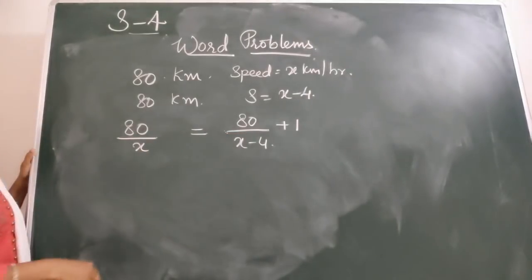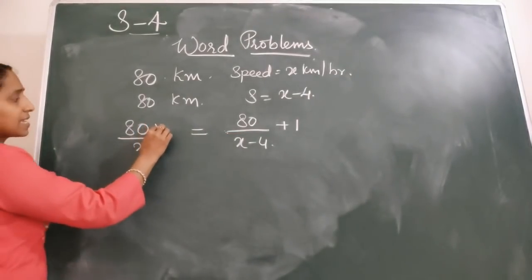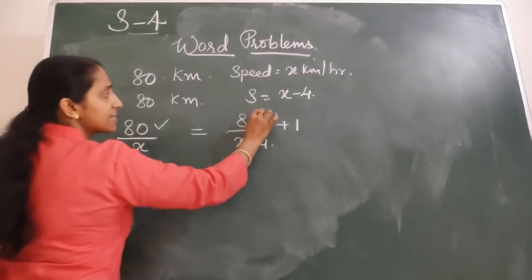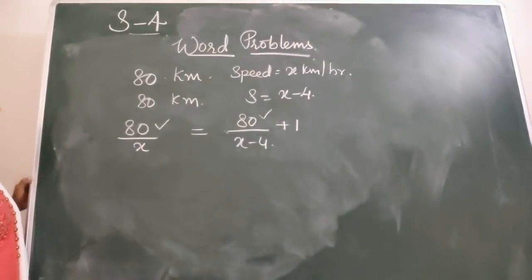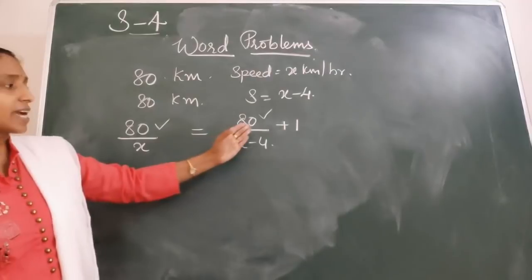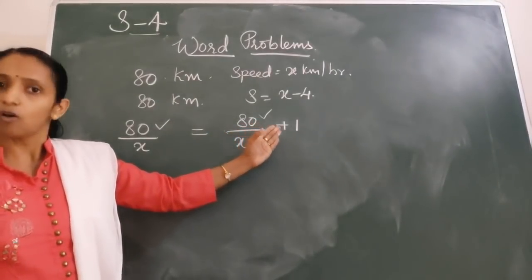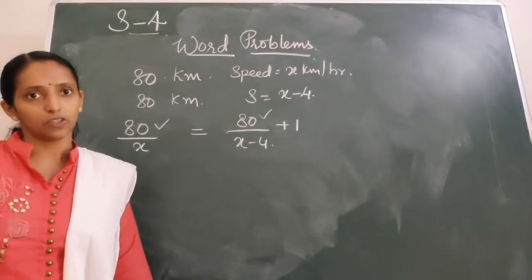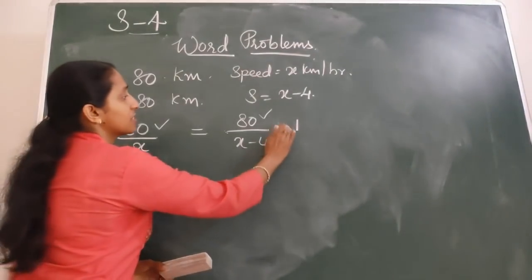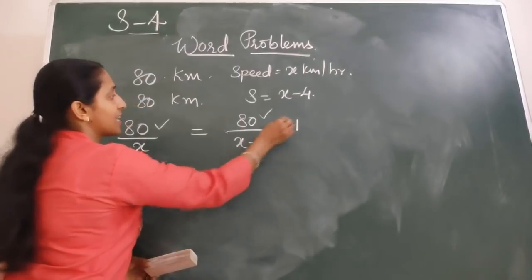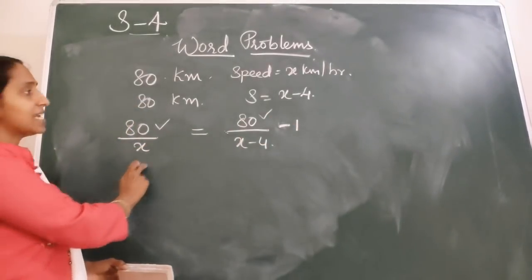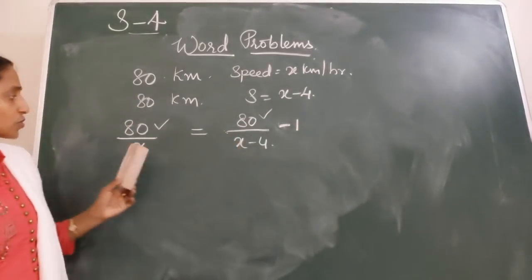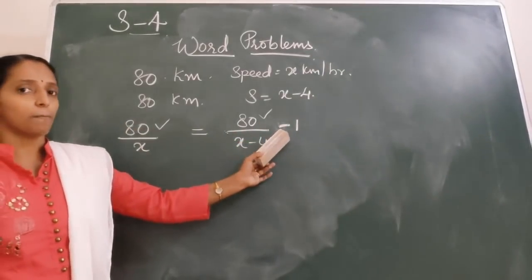This is the case taken less time and this is the case taken more time, and the difference between the times is given as 1 hour. So you can connect the question in different ways. So this is minus 1. Taking 1 hour extra means this will be less and this will be more, so to equate it will be minus 1.